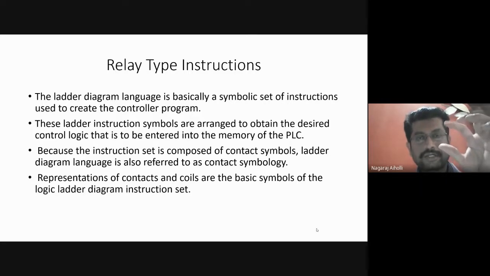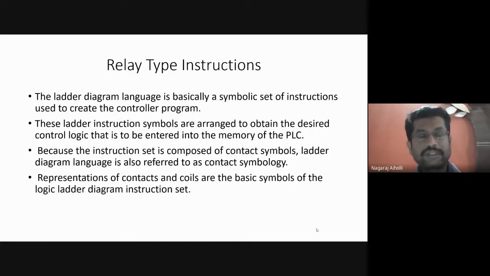When the contacts get closed, the current flows in the other part of the circuit and it controls there. If the contacts get open, then the current cannot flow, and again there will be control of the current in the second circuit that the relay is supposed to control. This is the basic definition of the relay.